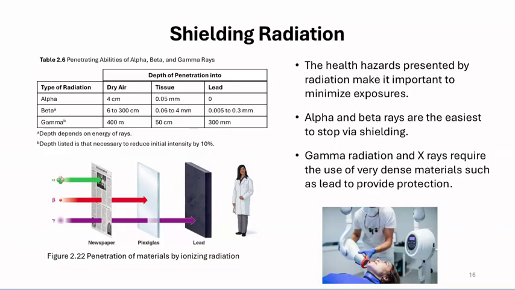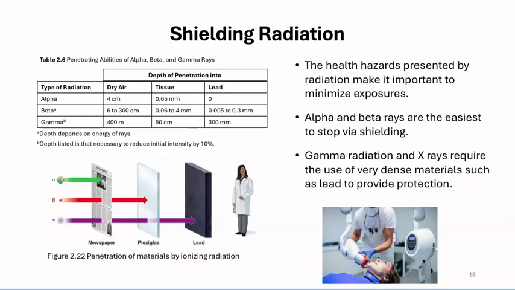So if we observe the image that we have here in the bottom right corner of the slide. This explains why at times when there's certain procedures or x-rays or gamma radiation needs to be present in a treatment or in a scan, the use of very dense materials such as lead is utilized in order to provide protection for other organs that don't need to be exposed.